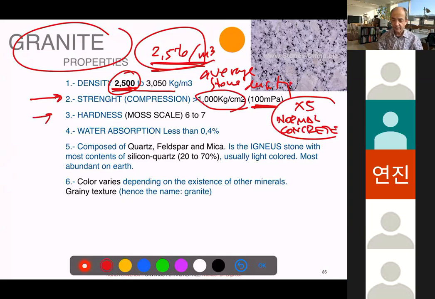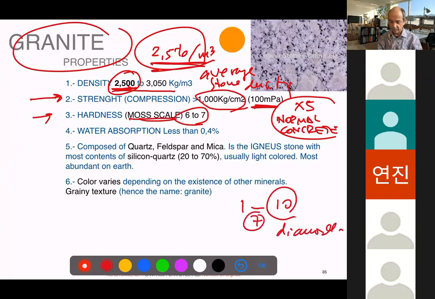It is very hard, 6 to 7, you know, the Mohs scale goes from 1 to 10. 10 is diamond. And usually 7 is quartz, which is already very strong. This is where they usually put the glasses of expensive watches and so on. They're very expensive, very hard to scratch. And granite is between 6 and 7.